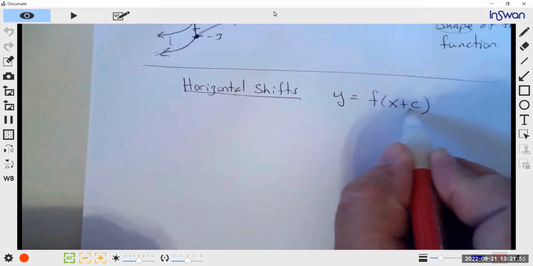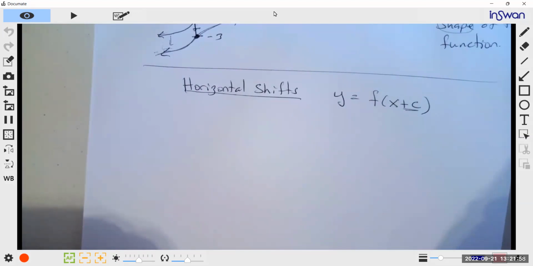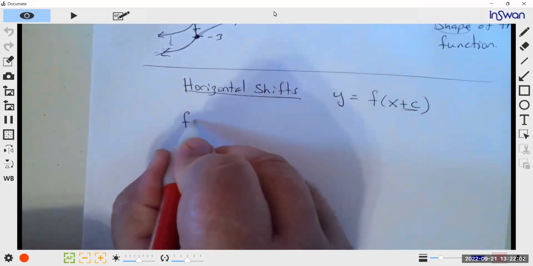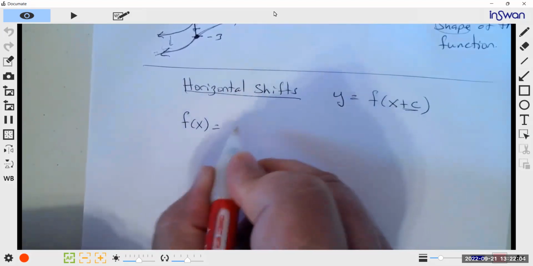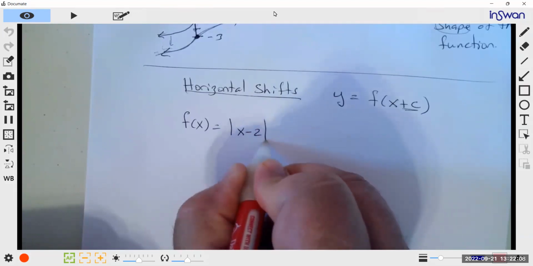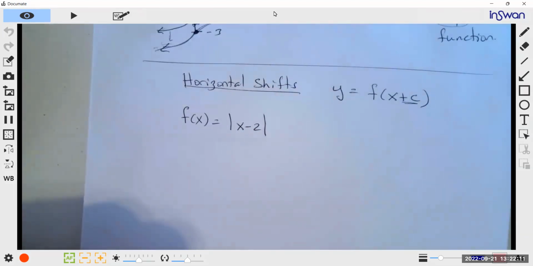It's x plus or minus some number. So for example, the absolute value.